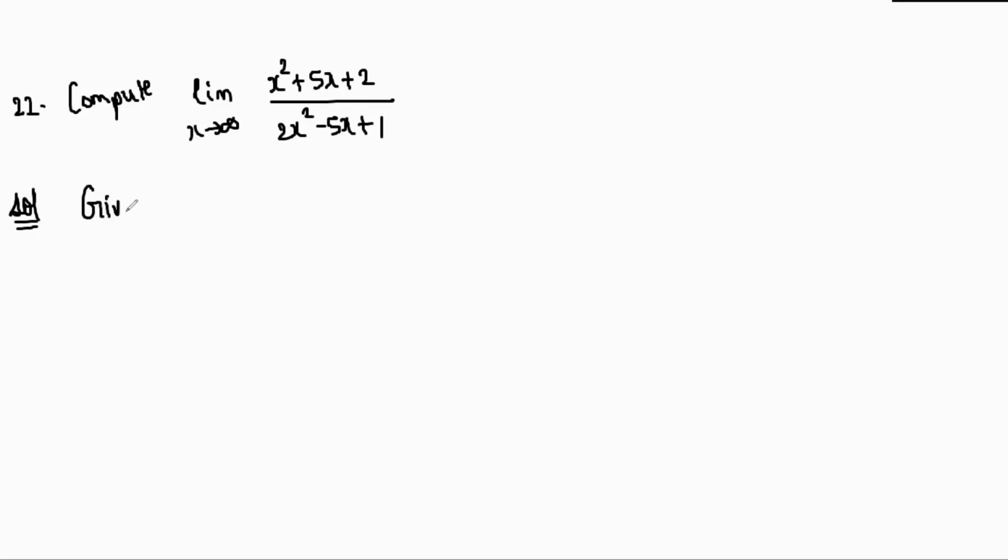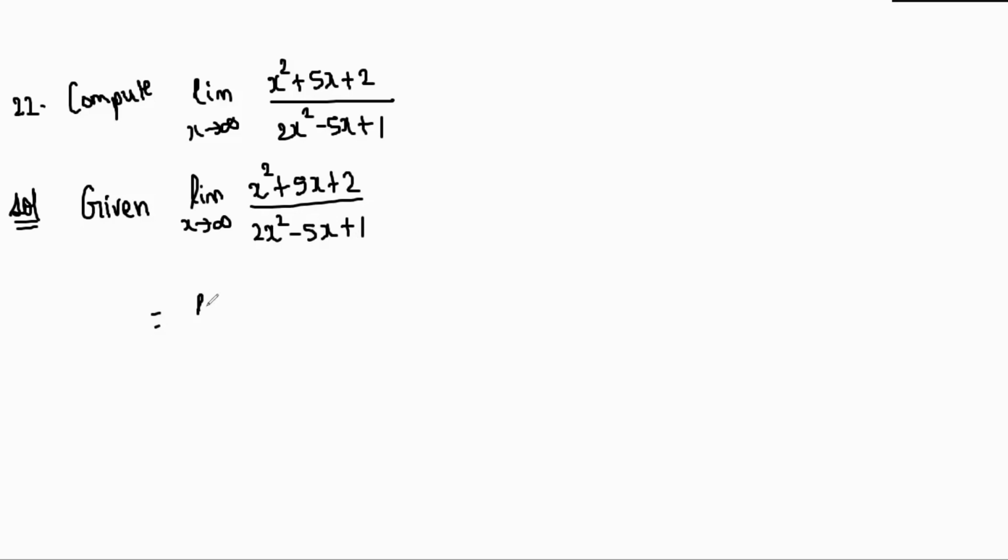Whenever x tends to infinity is given, we proceed this way. First we write the given limit: limit x tends to infinity (x square plus 5x plus 2) by (2x square minus 5x plus 1).